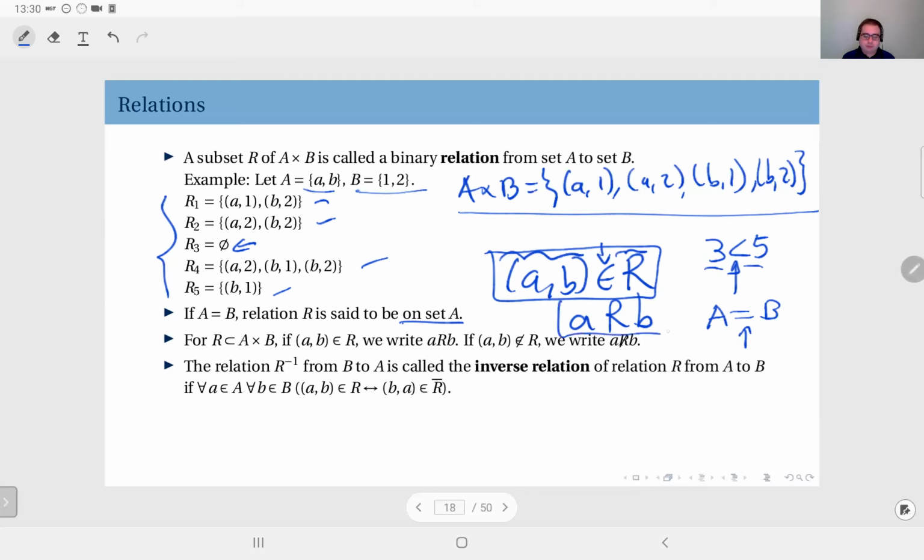And this is the notation we use. Two elements separated by the symbol of the relation. It could be something like R, or it could be a special symbol. Okay? And of course here, if the elements a and b are not related through the relation R, we just use this notation.